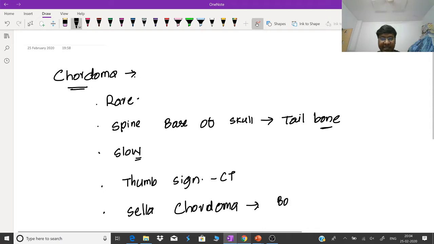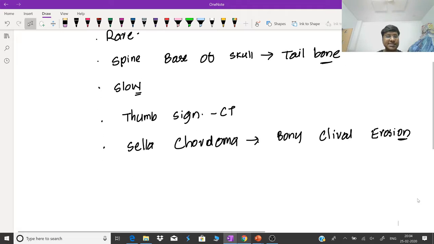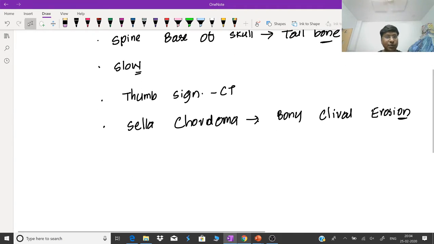It will represent as bony clival erosion. That is your sella chordoma. Within this sella chordoma, there can also be calcification of the tumor.